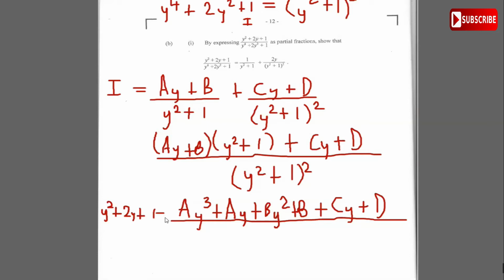Their denominators are the same, so we can just ignore the denominator, because both are y squared plus 1 all squared. When the denominators are the same, we're equating the numerators. So that's what we're going to do now.